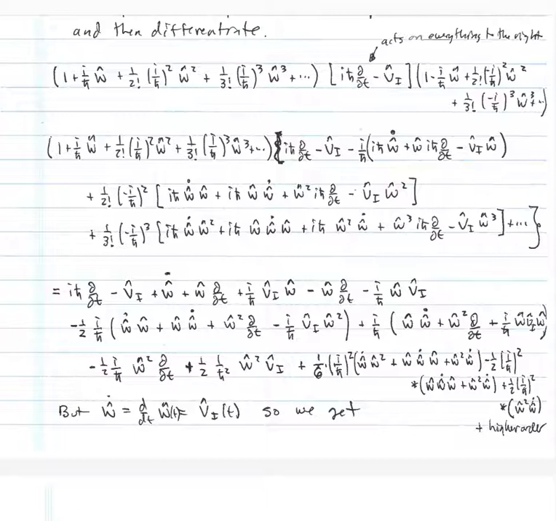Okay, so now we're going to multiply by the exponential term from the left. So the 1 is going to give me i h bar d by dt. The 1 times the minus vi gives me minus vi, and those are all of the terms that are independent of w. Now we're going to collect all the terms that are linear in w. I'm going to have an i h bar w that multiplies i h bar d by dt minus vi.